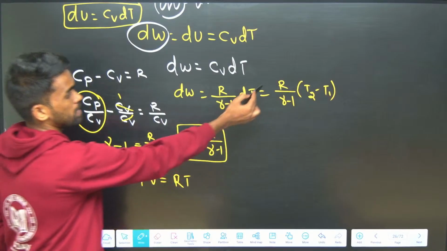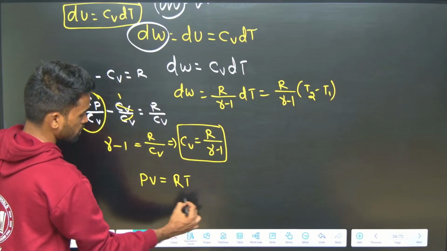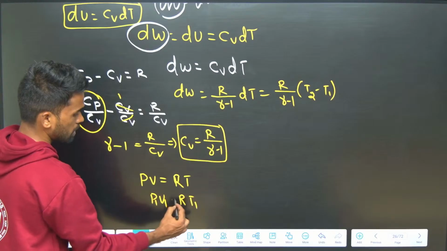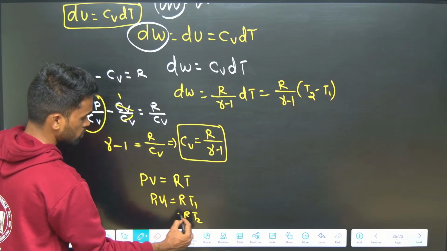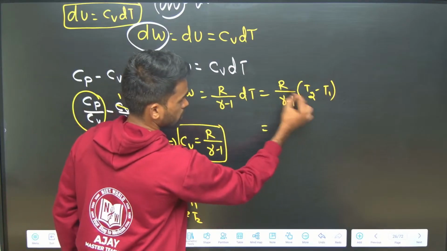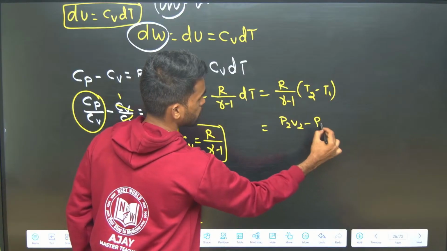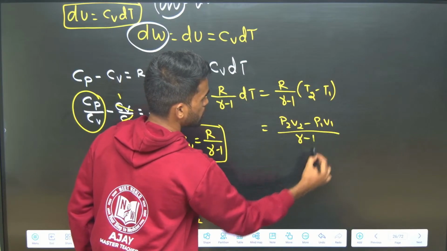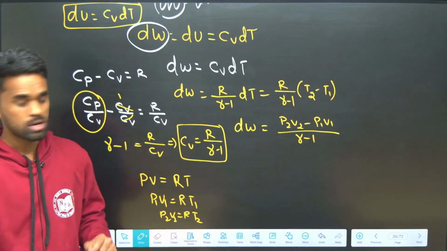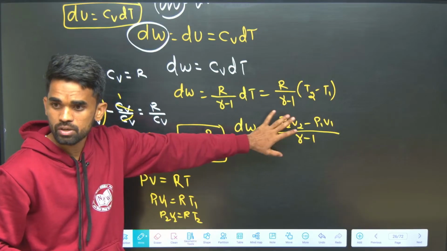If it is T1, RT1 becomes P1V1. Similarly if it is T2, P2V2. So here I can replace these as P2V2 minus P1V1 by gamma minus 1. These are the formulas for the adiabatic process. If they give temperatures you use this, if they give volume and pressure use this.